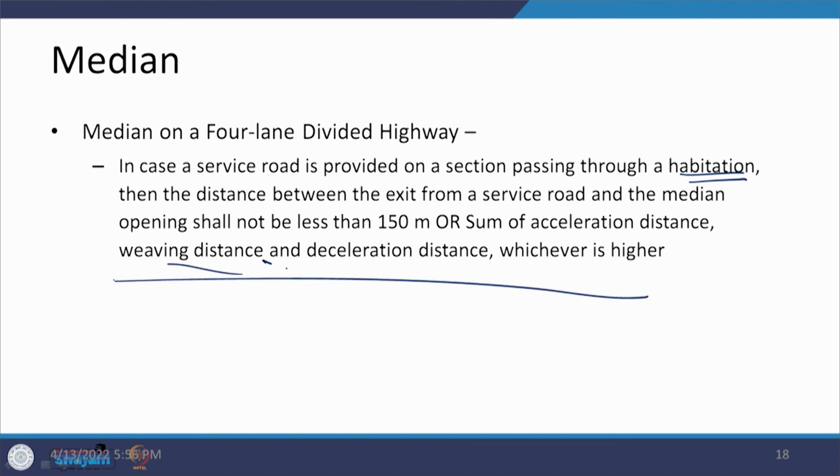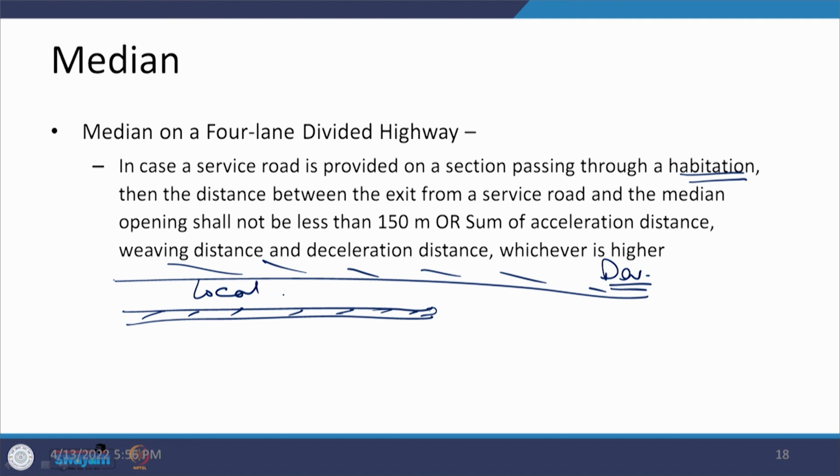So, you have a development on this side, we have provided a median here. Local traffic is moving on this side, main traffic is moving on this particular side. And then there is a median here.